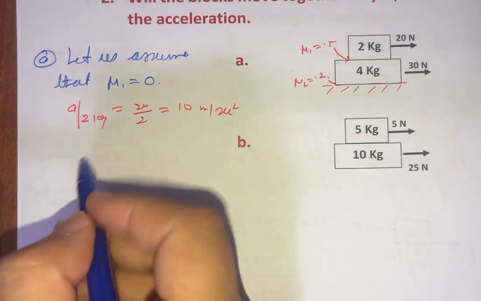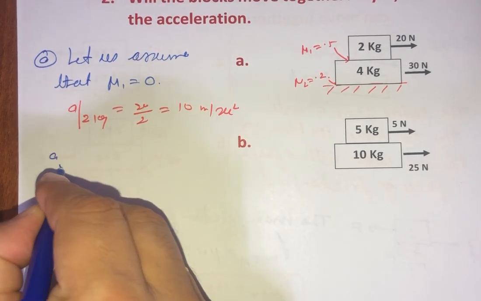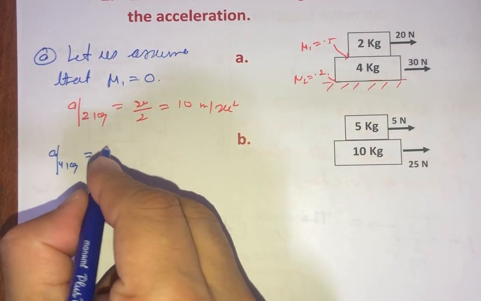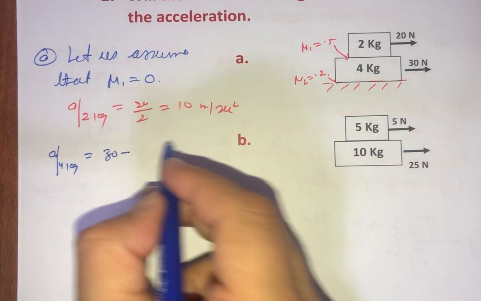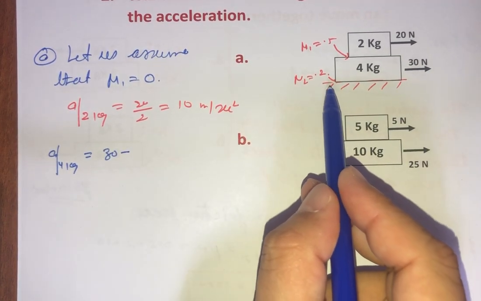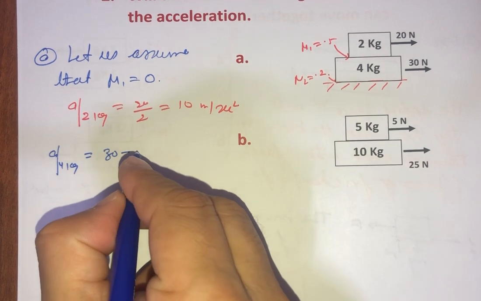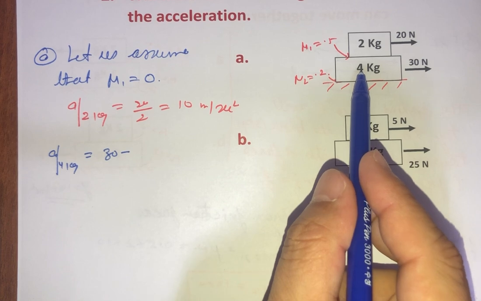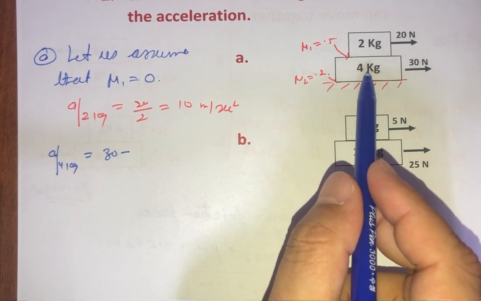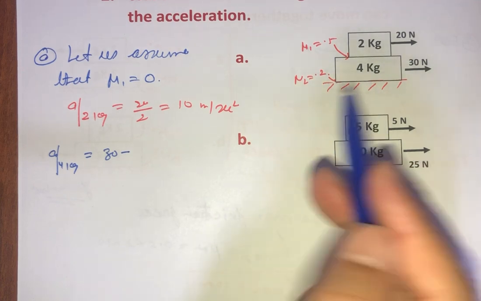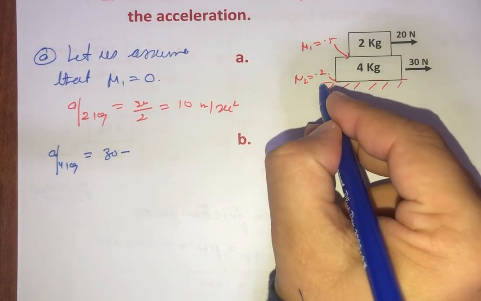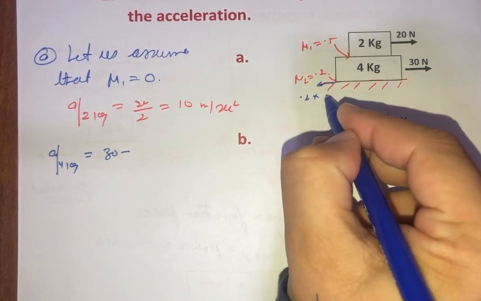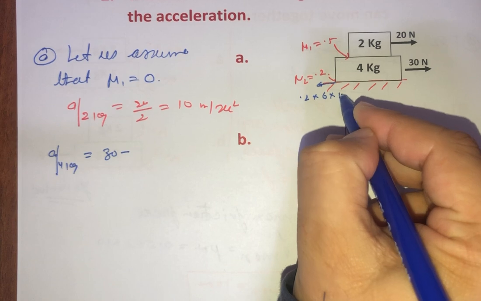In that case, the acceleration for the 4 kg block will be equal to the applied force, that is 30 Newton, minus the force of friction, which will be 0.2 into 6 into 10.